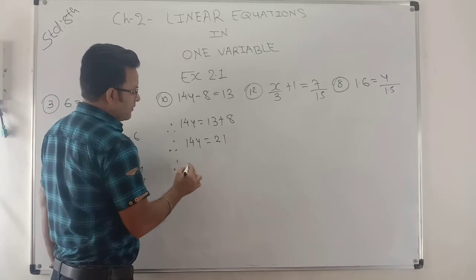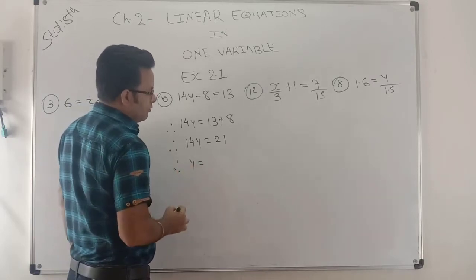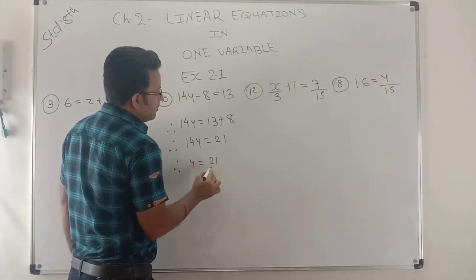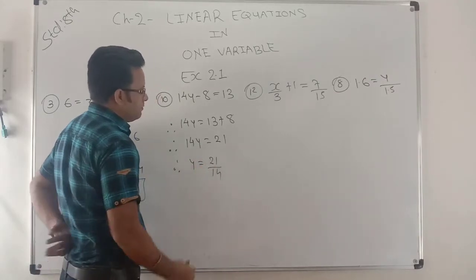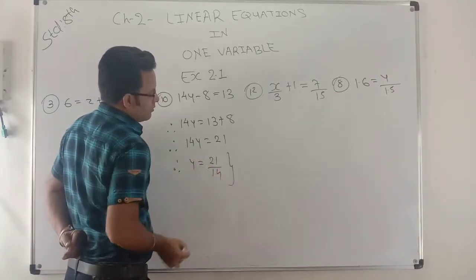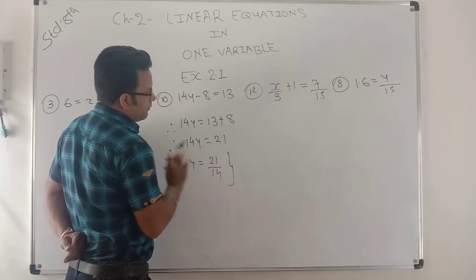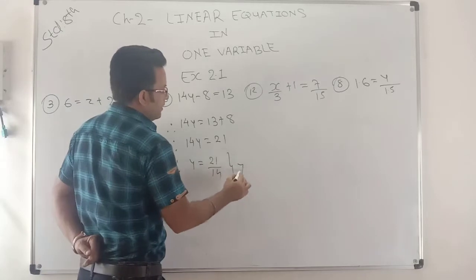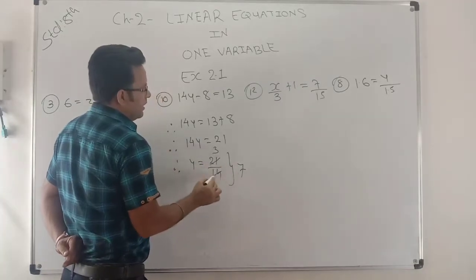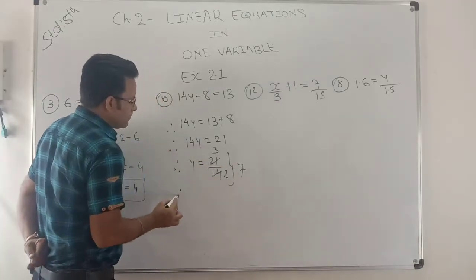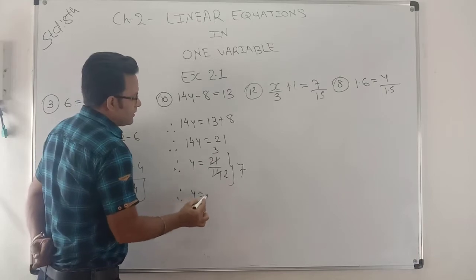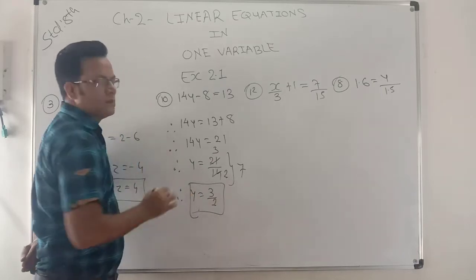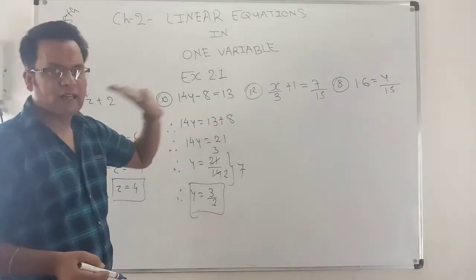Therefore, y is equal to, you can see here multiplication changes to division, 21 upon 14. Now, 21 upon 14 comes in a table of 7. 3s are and 2s are. Therefore, y is equal to 3 by 2. Understood? Now the next one.